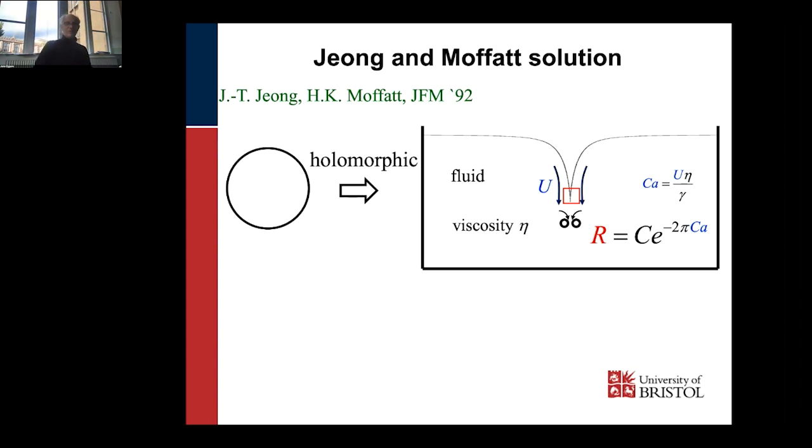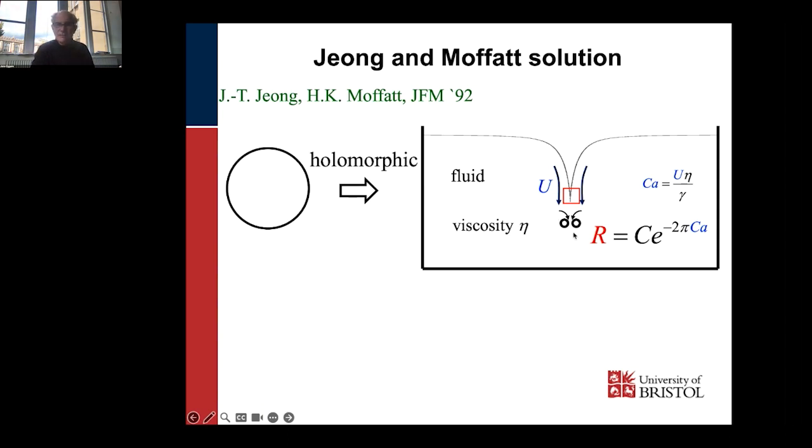But to have a first glimpse of why a geometrical interpretation might be in order, let's go to the beautiful solution found by Jeong and Moffatt in '92, which looks at a particular flow situation exhibiting such a cusp. So they take a large bath of viscous liquid, solving Stokes' equation inside the bath.